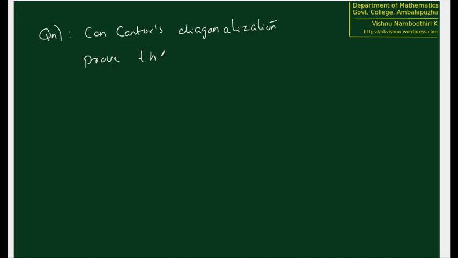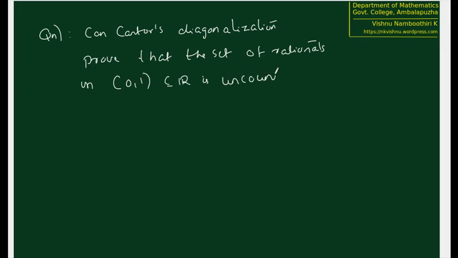So the question is this. Question now is this: can Cantor's diagonalization prove that the set of all rationals in 0, 1, a subset of R, is uncountable?